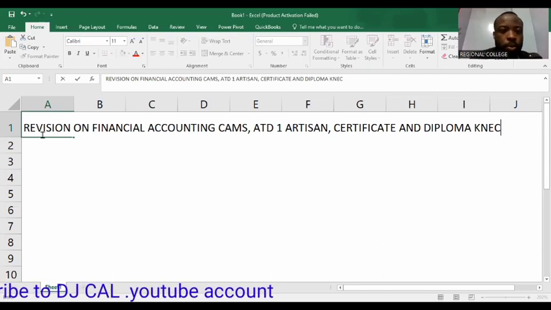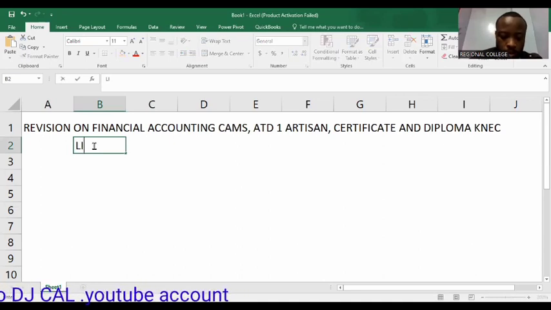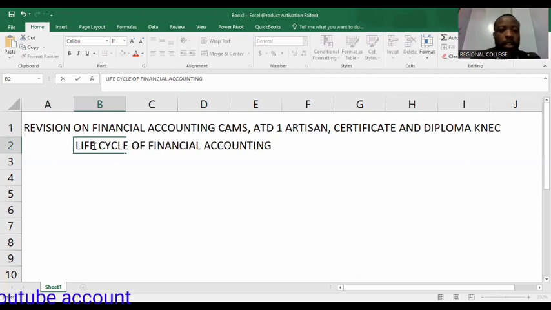So the revision of today is going to start at the life cycle of accounting or financial accounting. The life cycle of financial accounting.